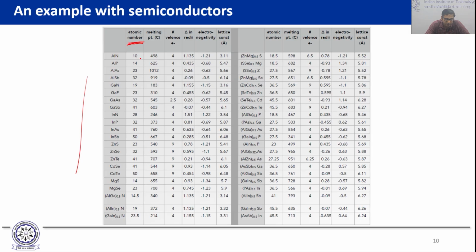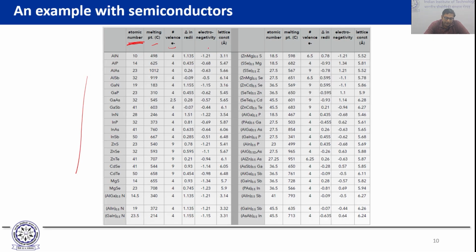So these are the average atomic numbers. Similarly, the melting point is the average melting point. The valence electron is the composition-weighted average number of valence electrons. Then we are also looking at the difference in the radii; in the case of aluminum nitride, the difference between the atomic radius of aluminum and the atomic radius of nitrogen.